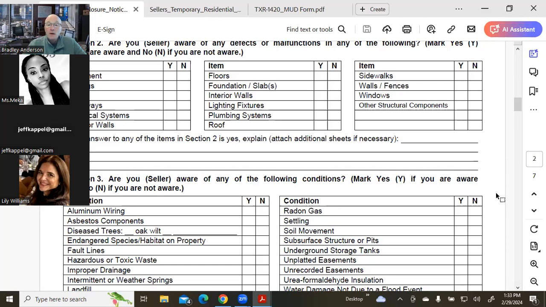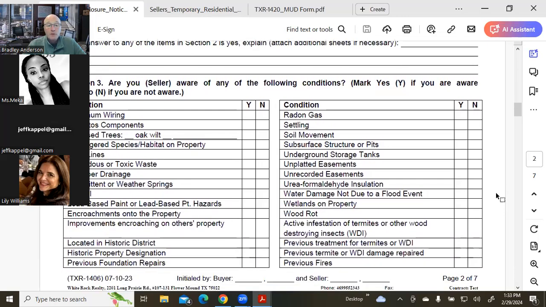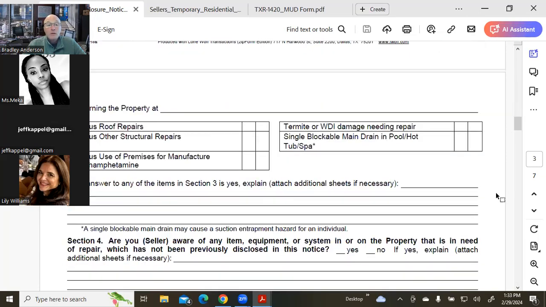Section 3, are you the seller aware of any of the following conditions? Pretty self-explanatory. And so I know it speaks to previous roof repairs. I mean, if you live in Texas for more than 10 years, you've had your roof replaced, so it's not uncommon to put yes.